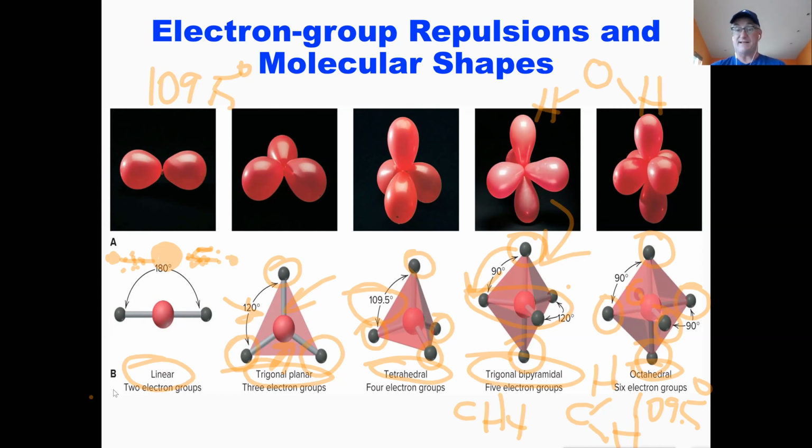But the group that it's in is tetrahedral because it has two lone pairs. So it has 1, 2, 3, 4 electron groups. That is the tetrahedral group. But since we don't really see the electrons when we're looking at a water molecule, we just see the atoms. If you're just looking at the atoms, it looks bent. Okay, well, I'll talk more about that in a second.